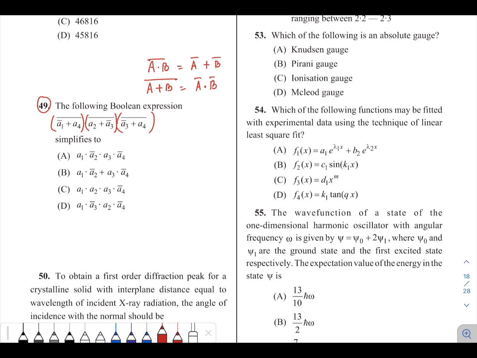So from the first part, this is equal to A1 dot A4 bar using this, and in the second part this is equal to A2 bar dot A3, and from the third this is A3 dot A4 bar. Now this simplifies to A1 dot A2 bar dot A3 dot A4 bar. So option A is the correct answer.